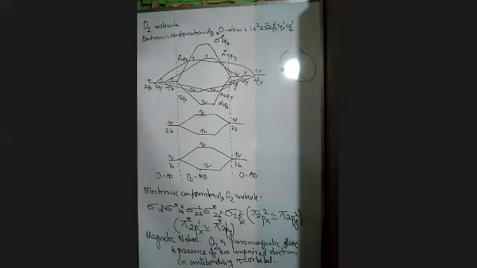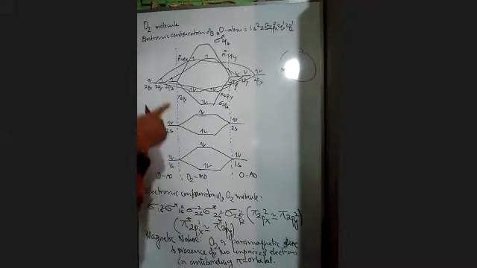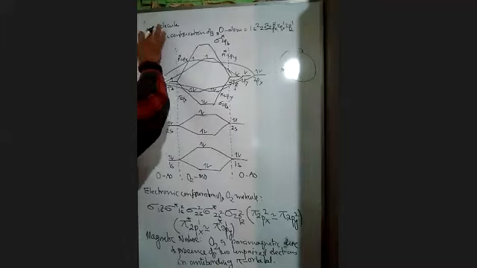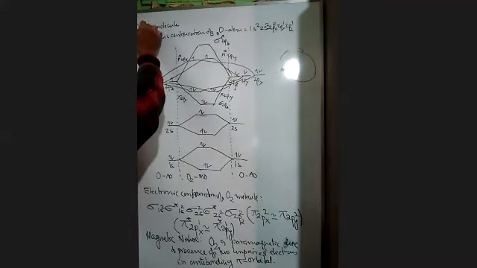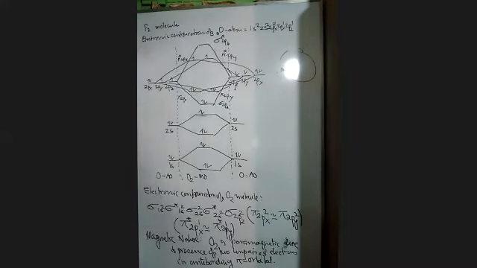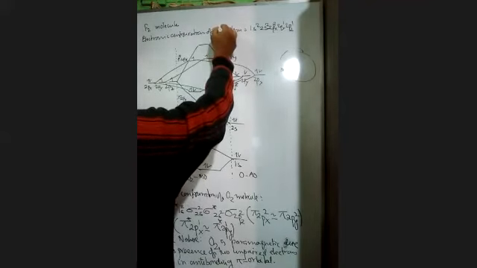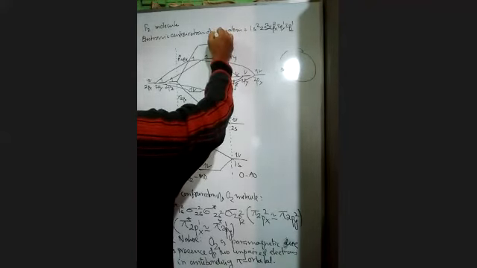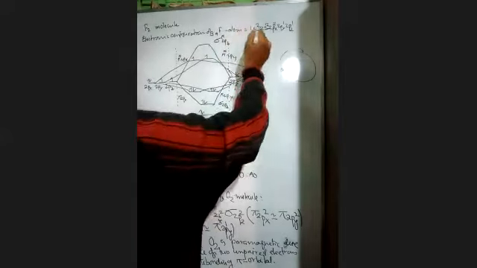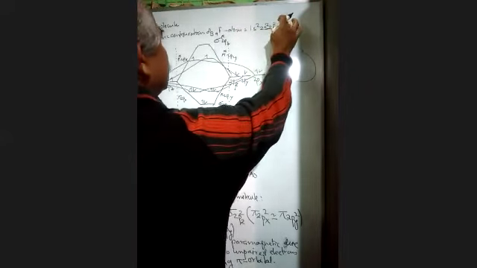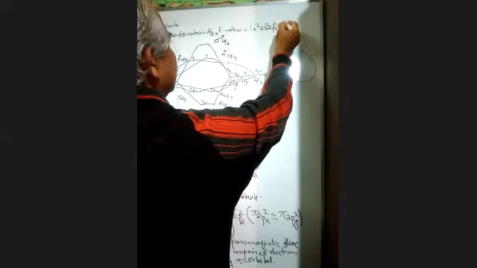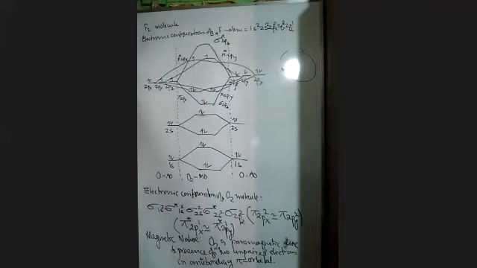We'll now go for fluorine. I told you oxygen, fluorine, and neon will have the same set of orbitals. Okay. So right now here, F2 molecule. Fluorine is 9. So it is 1s2, 2s2, 2px2, 2py2, 2pz1.